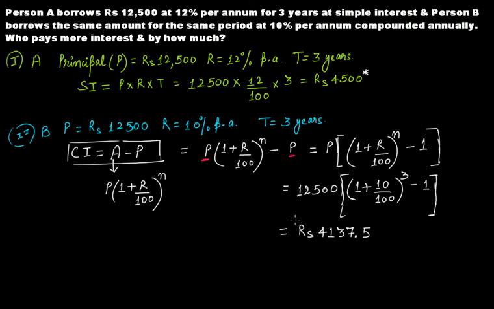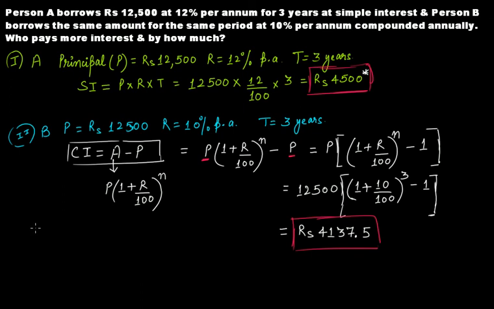Now person B is paying this much interest, person A is paying this much interest. So of course 4500 is greater than 4137.5. Now if you ask by how much, it means that person A is paying more interest. So by how much? This simple interest minus this will tell you by how much.